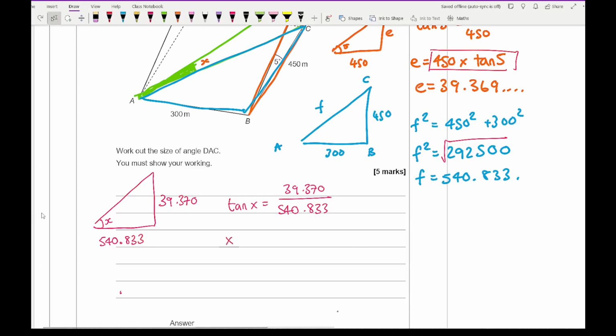So from this we get x equals the inverse tan of 39.370 divided by 540.833, in which I get an x value of 4.2 degrees, and that's to 1 decimal place.